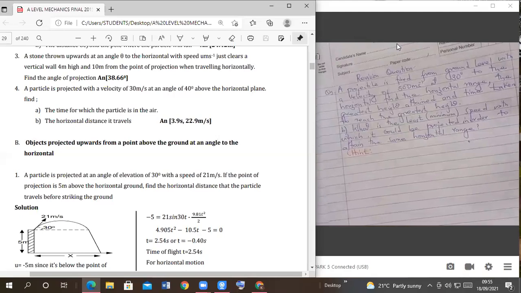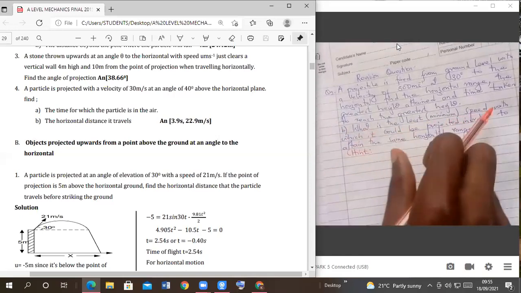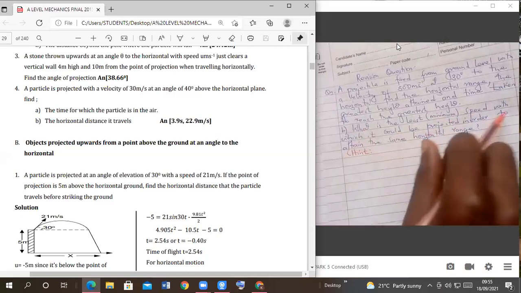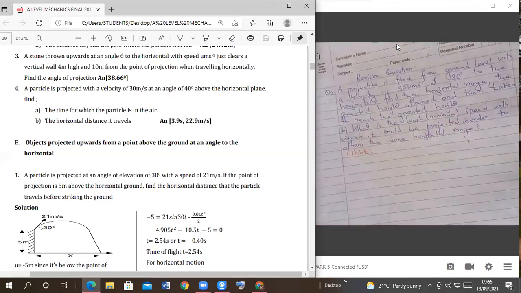But part B, there's some kind of reasoning you have to put in, because they're saying what is the least or minimum speed with which it could be projected in order to attain the same horizontal range, the one that we are going to get in part A. So what should be that minimum speed?